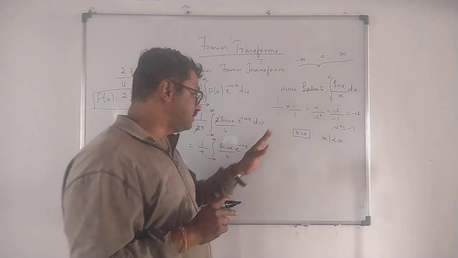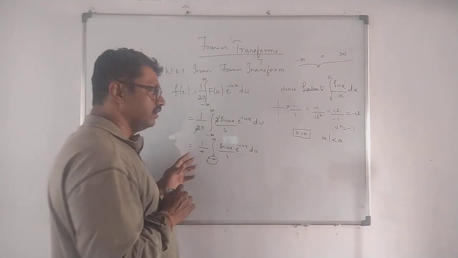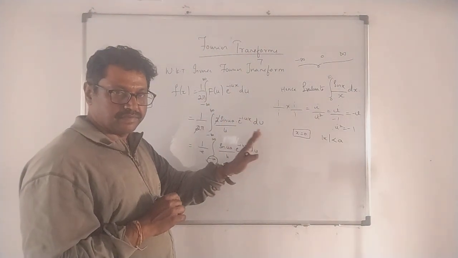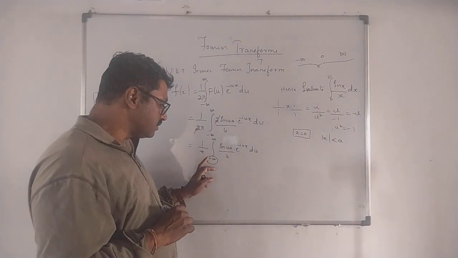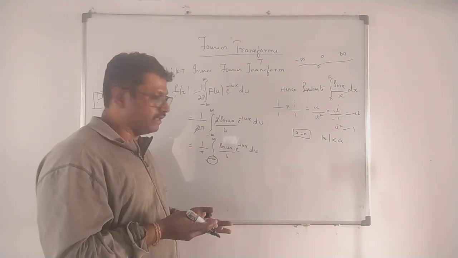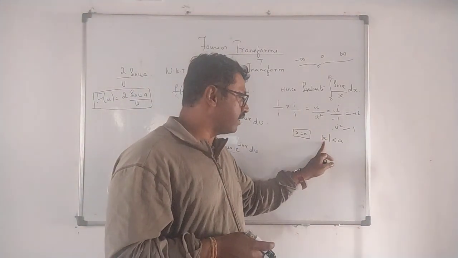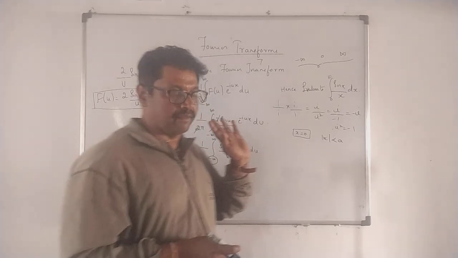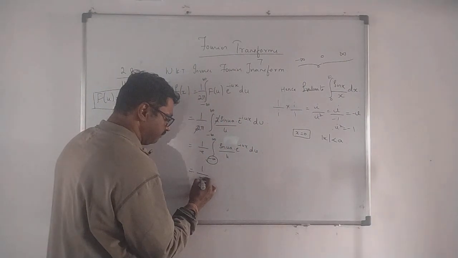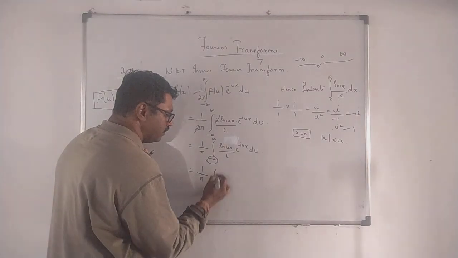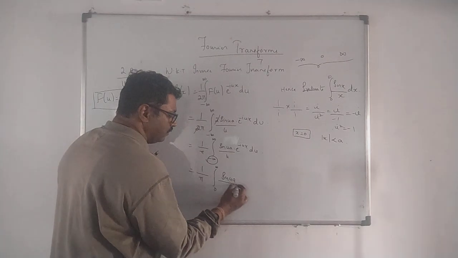The problem is telling us that we have to put x equal to 0 here, because minus infinity is not valid here, since in the problem they have given mod x is less than e. Now 1 by pi, this is 0 to infinity, sin ua by u.